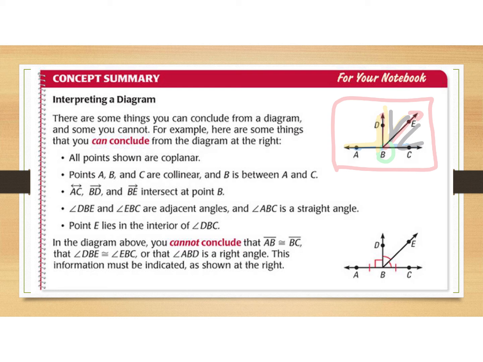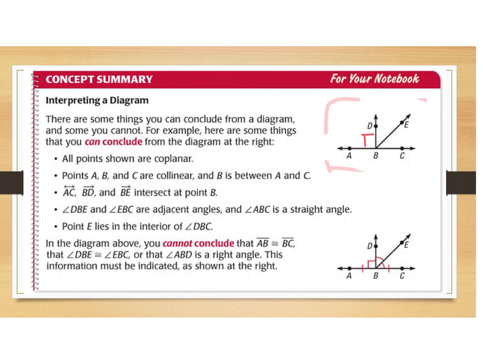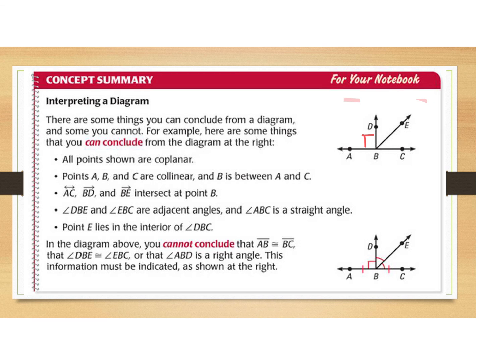I could also say that this point E that's here is in the interior of this angle. What I cannot conclude is that this is a right angle, even though it looks like a right angle. The only way that I can conclude that is if it had the box there. So I cannot conclude that that's a right angle.